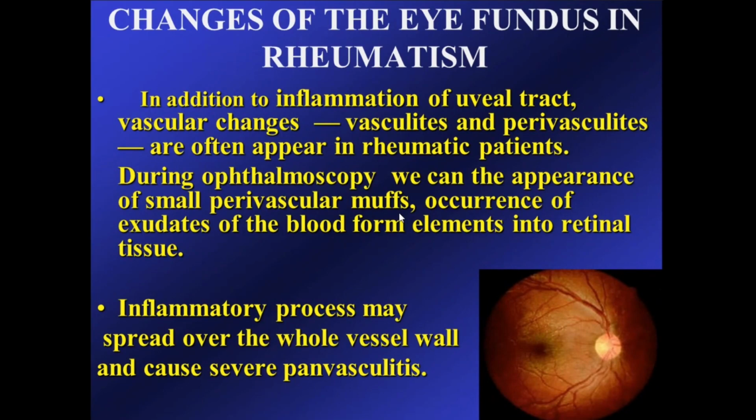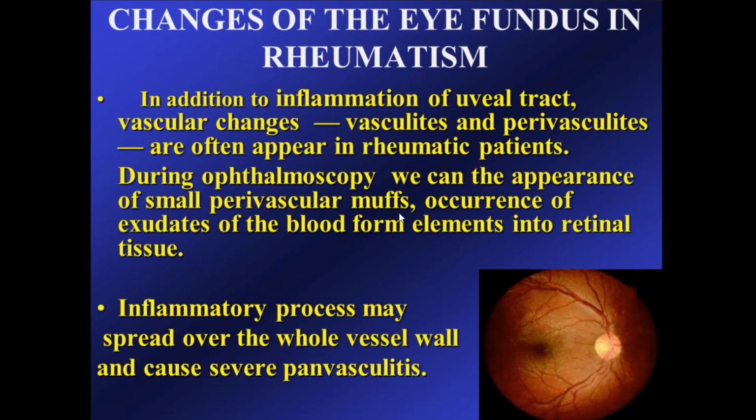we should discuss the changes of the eye fundus in rheumatism. Usually, in inflammatory systemic diseases, we can see inflammation of the uveal tract, vascular changes, vasculitis, and perivasculitis often appear in rheumatic patients.